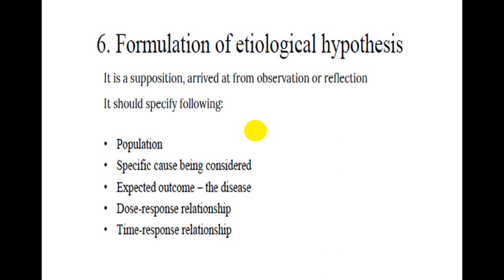E. The time-response relationship: the time period that will elapse between exposure to the cause and observation of the effect. In other words, a hypothesis should be formulated in a manner that it can be tested, for example cigarettes smoked per day, years of exposure, and so on. The success or failure of a research project frequently depends upon the soundness of the hypothesis.